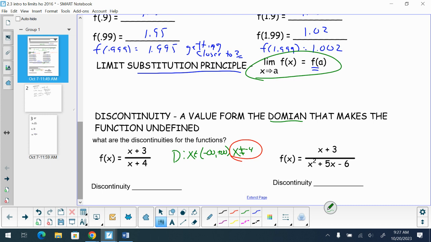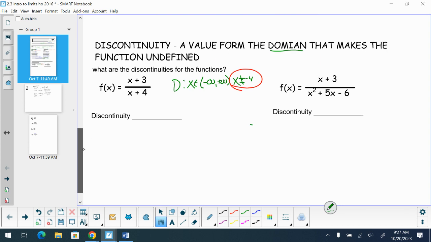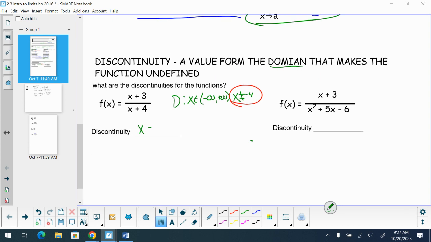So the value that makes our function undefined gives us what we call a discontinuity: x equals -4. It is your exclusion values when you look at the domain. What do I have to exclude? So if I look at my second one, what values would we have to exclude in the second one?